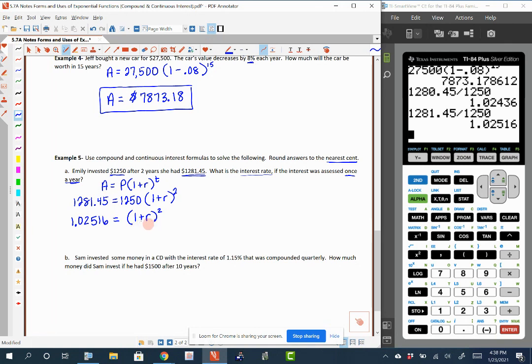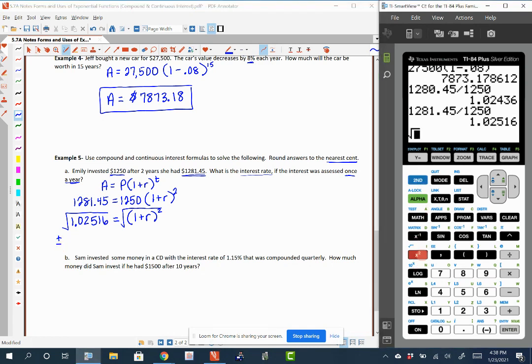So now my square term has been isolated, so I can take the square root on both sides, and we know when we're solving an equation, when we take a square root, we're going to end up with a plus or minus. So I need to take the square root of that answer, 1.02516. Again, I know I'm going to get a really big decimal, and this is not my final answer.